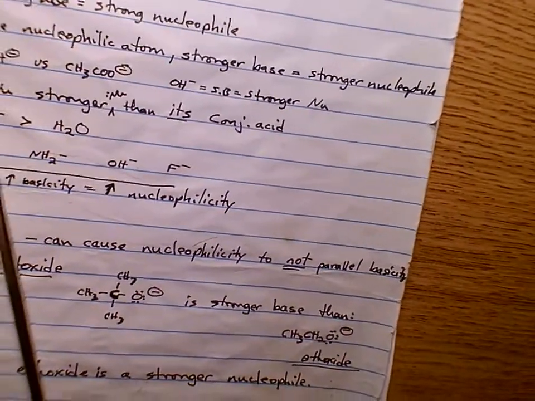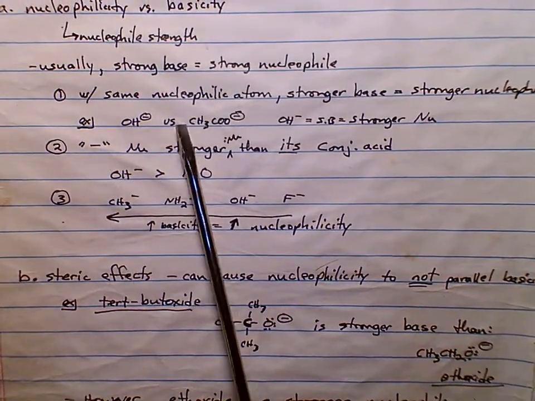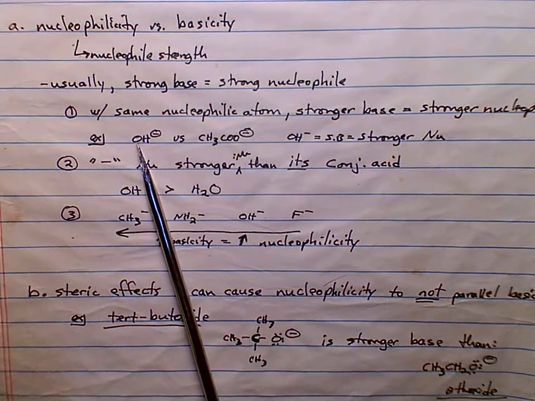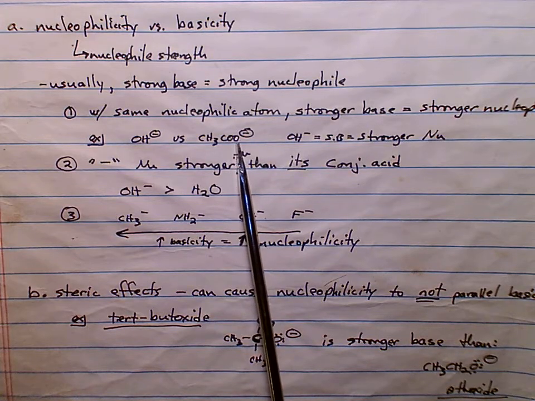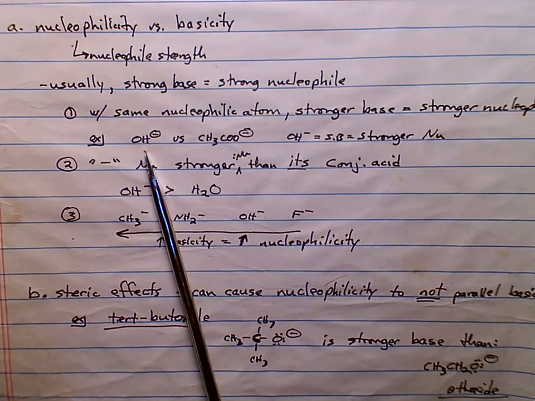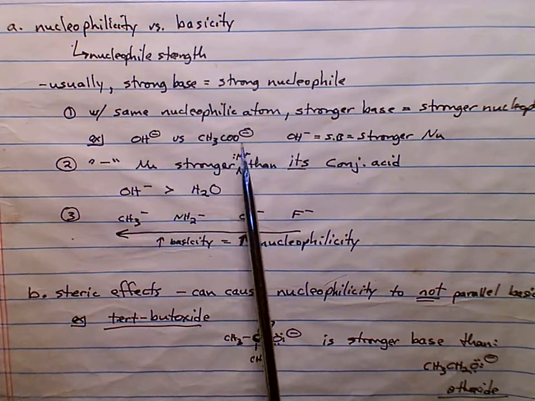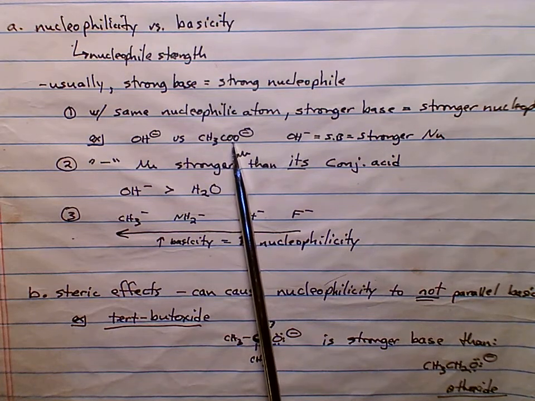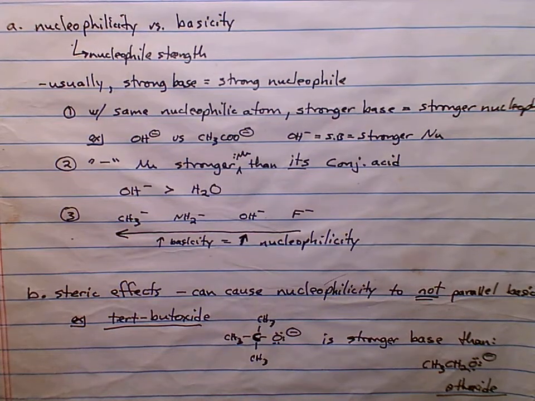For example, here, if we have hydroxide, the atom with the lone pair on it is oxygen, versus acetate, the atom with the lone pair is the oxygen also, but we know hydroxide is a much stronger base than acetate ion because water is a much weaker base than acetic acid. Therefore, since hydroxide is a stronger base, it is the stronger nucleophile also.